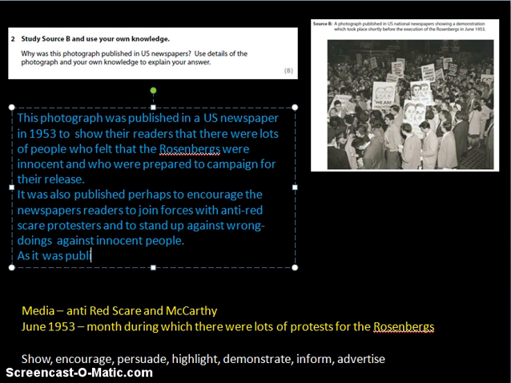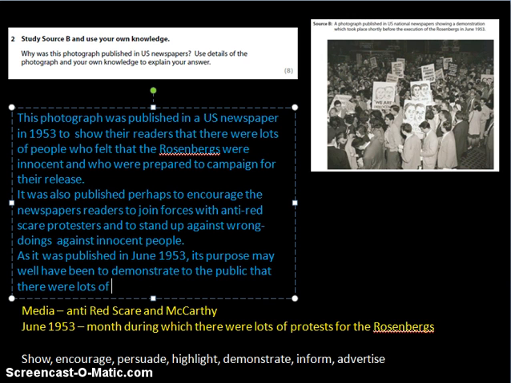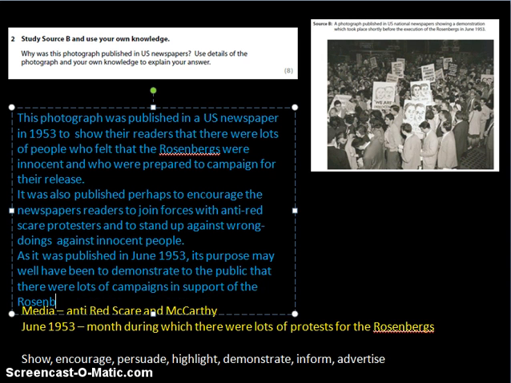As it was published in June 1953, and this is where we're going to put a bit of our knowledge in, its purpose may well have been to demonstrate to the public that there were lots of campaigns in support of the Rosenbergs taking place.